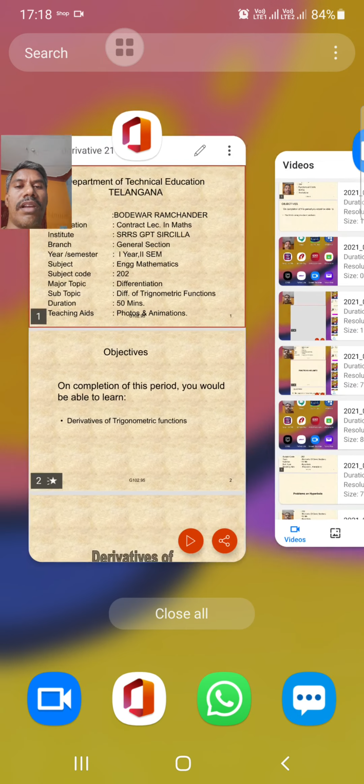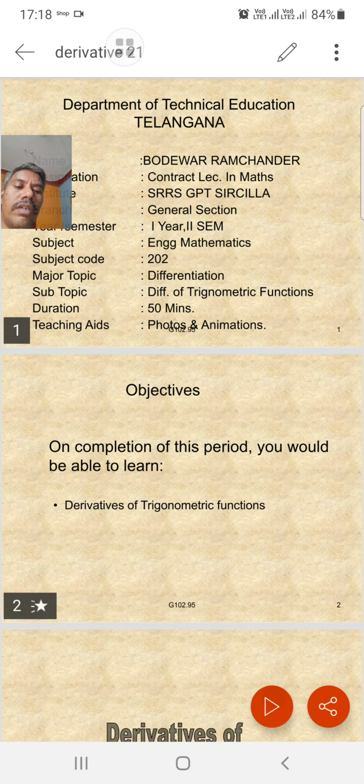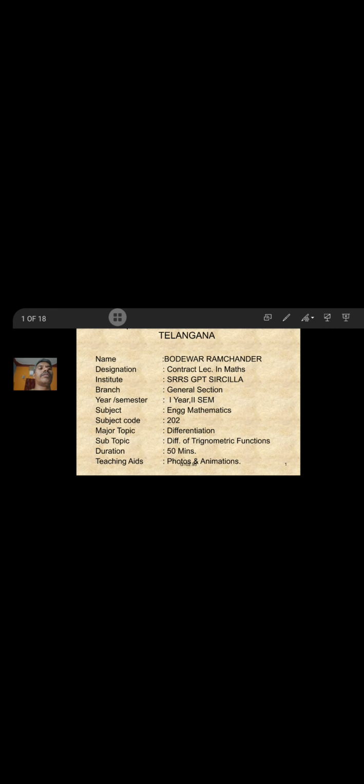In the previous class, we discussed differentiation. We learned how differentiation comes, what the basis for differentiation is, and we proved some formulas, or we say standard forms.